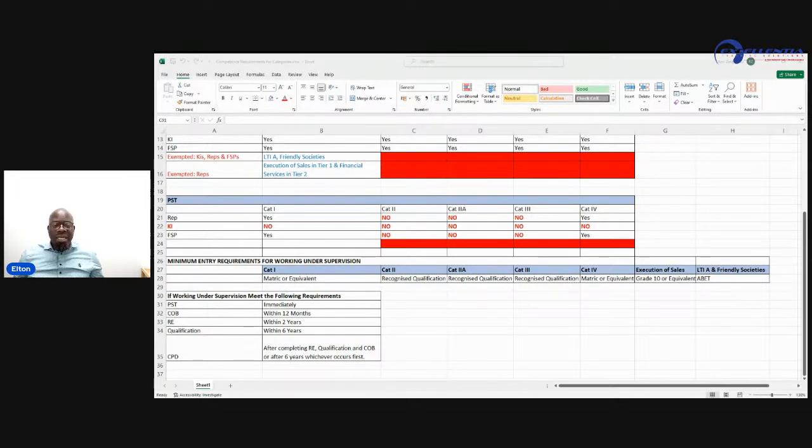And it's only one date. So it means not the date you joined the financial services sector, but the date on which you were first appointed as a rep or as a key individual. That's your DOFA. That's where you count your DOFA from.